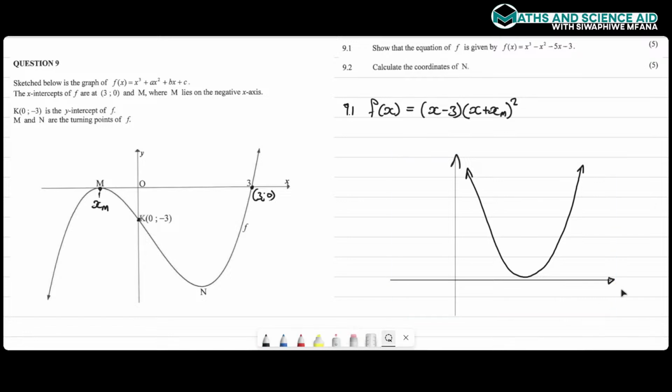Let me show you. This is our turning point. So this is similar to, for example, a quadratic function like this one. Let's say it's g, and maybe this is 2. It means that the equation for your quadratic function would be a into x minus 2, all squared.